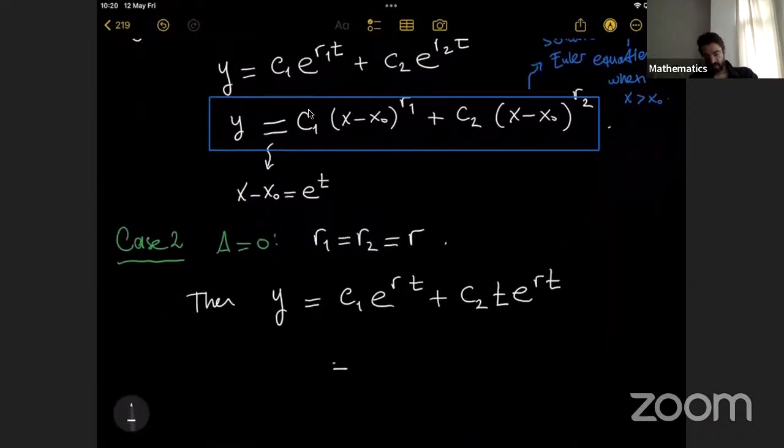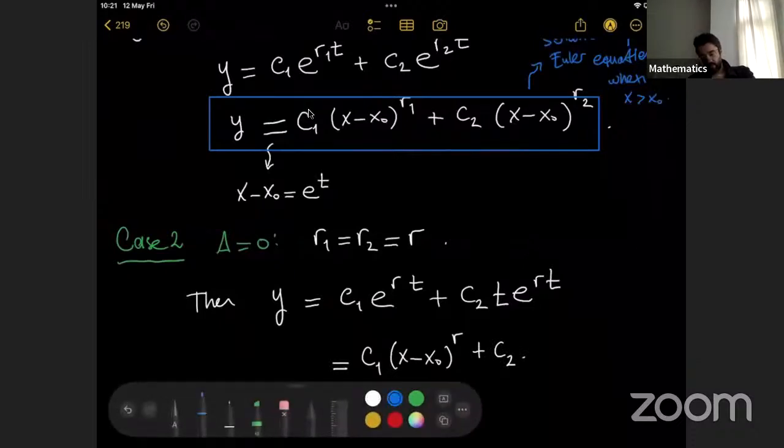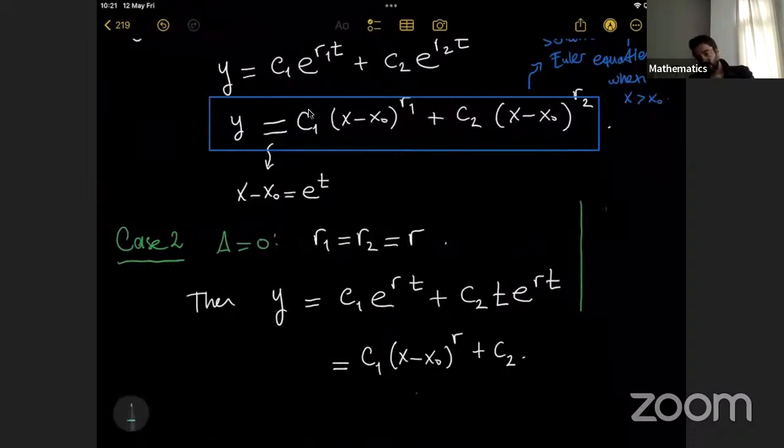It's going to be C1 times x minus x0 to the r plus C2 times, let me remind you on the side, x minus x0 is equal to e to the t. That means t is equal to ln of x minus x0, the logarithm of x minus x0.